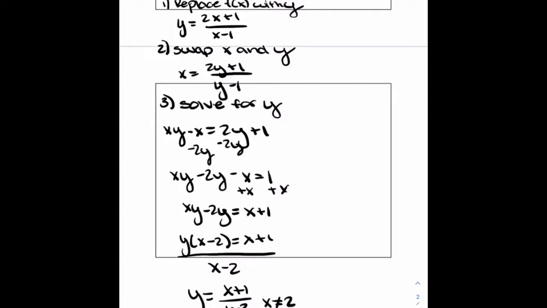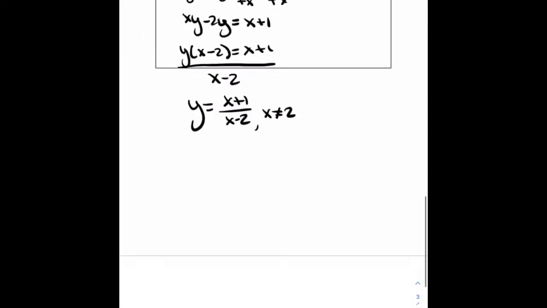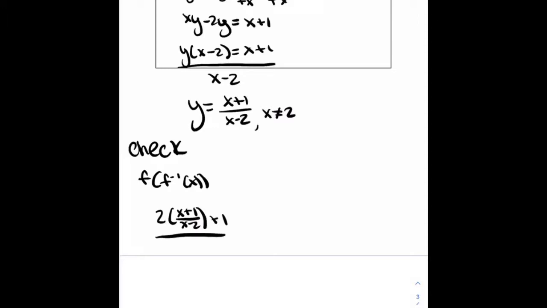So now we're going to check our work. So check. Let's do f of f inverse of x first. So we have 2 times x plus 1 over x minus 2 plus 1 over x plus 1 over x minus 2 minus 1.